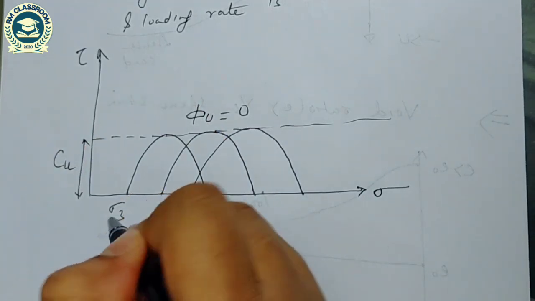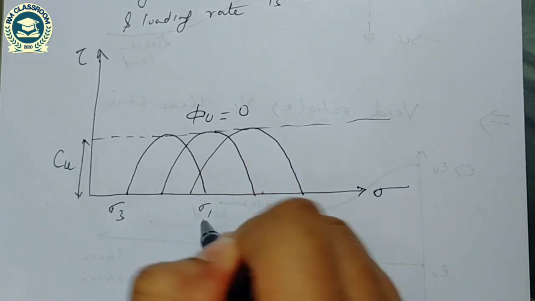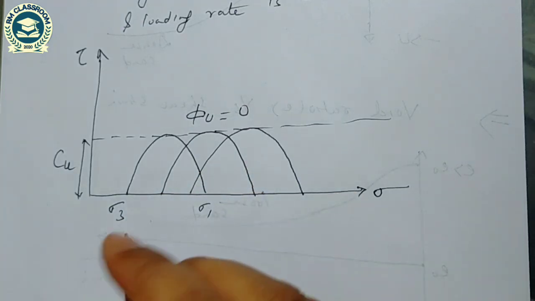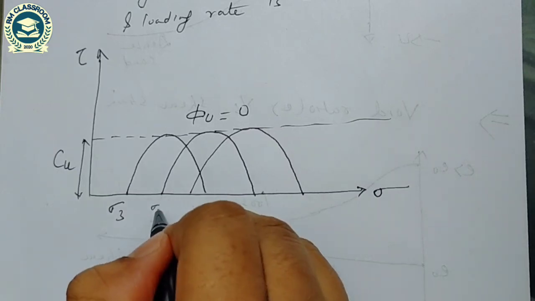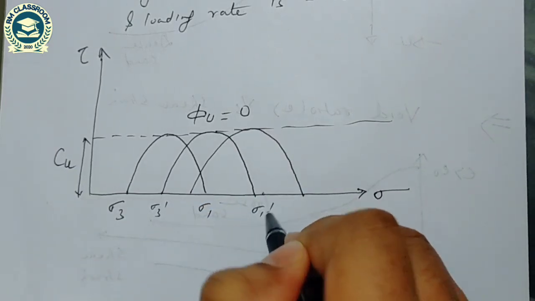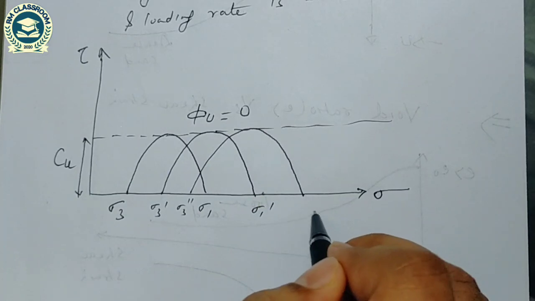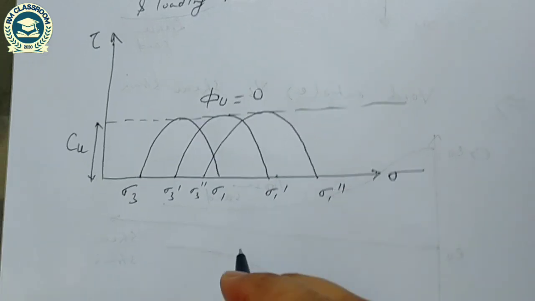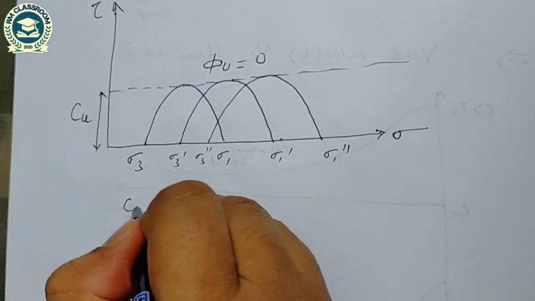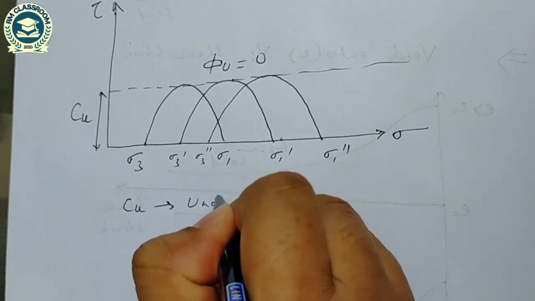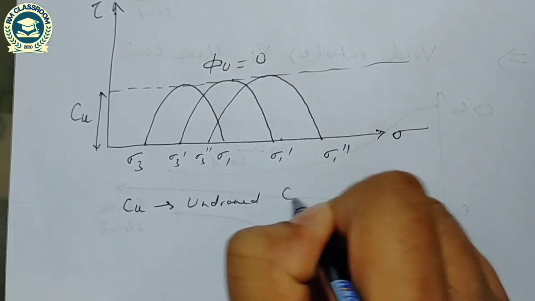These values are sigma 3, sigma 1, sigma 3 dash, sigma 1 dash, sigma 3 double dash, sigma 1 double dash, where Cu is the undrained cohesion.